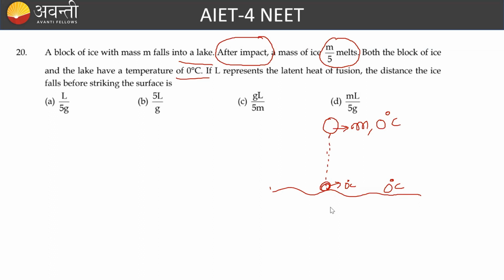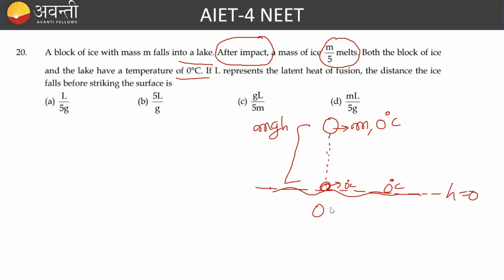But what will happen when it will come down? Suppose Karlo, this is the datum line for calculating potential energy. So initially potential energy of ice is how much? mgh. And when it will fall down, its potential energy will become 0. So it is losing energy, potential energy, mgh. And this energy it can transfer to melt a part of its ice, part of its components or whatever you say.